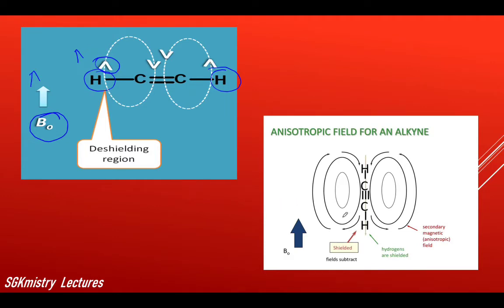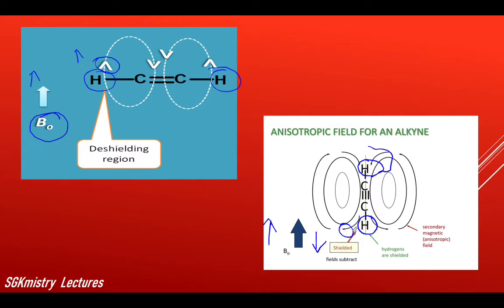Whereas in case of alkynes, again we need to concentrate on the protons. Here you can see this is the direction of the external magnetic field, which is upwards, and here you can see this hydrogen. Near the hydrogen, what is the direction of the circulation of the pi electrons? This direction is downwards.